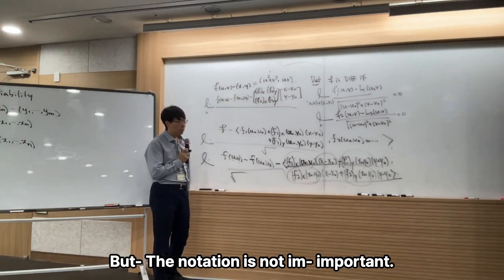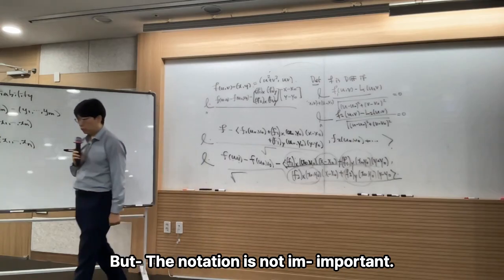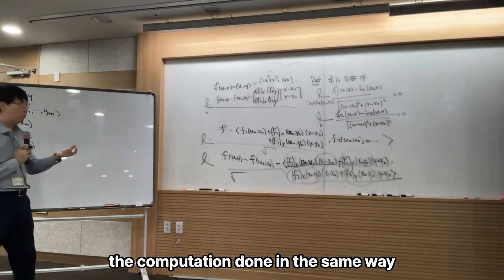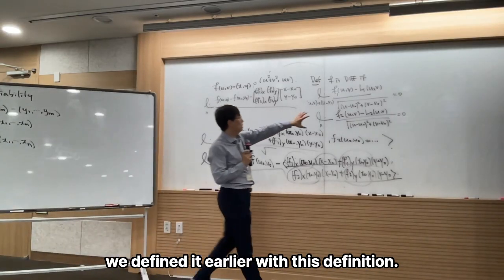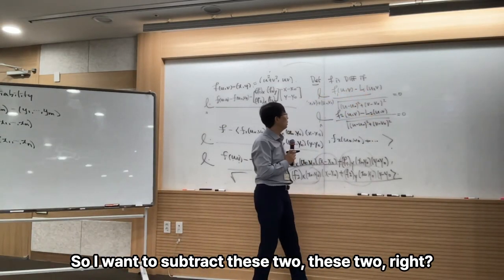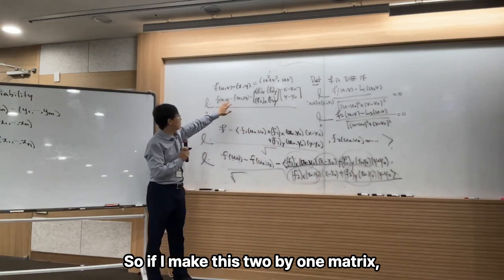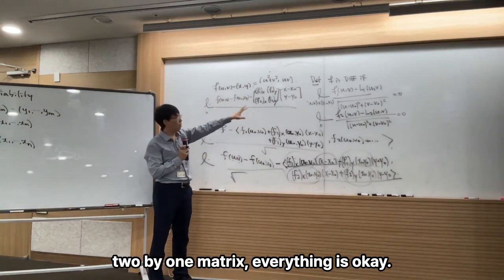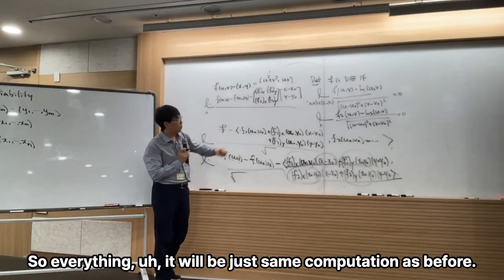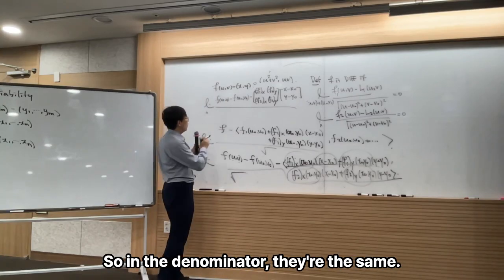But the notation is not important. All I want is just having the computation done in the same way we defined earlier with this definition. So I want to subtract these two, right? If I make this a 2 by 1 matrix, and this a 2 by 1 matrix, everything is okay. It will be just the same computation as before. In the denominator, it's the same.